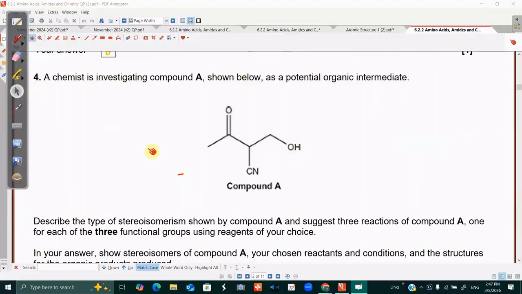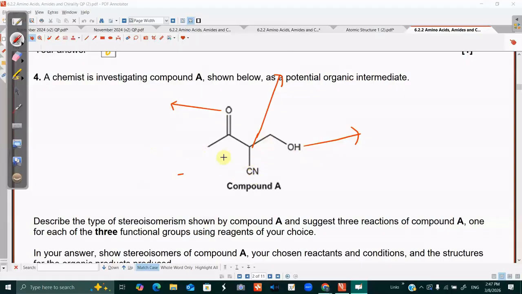Now, what sort of reaction? For example, you can make different types of reactions for the nitrile group, for the OH group, for the carbon-carbon double bond, right? What are the types of reactions?